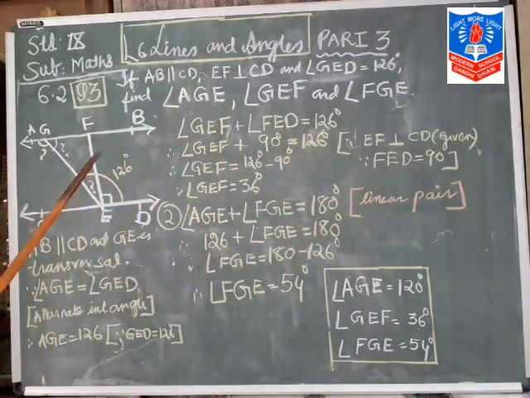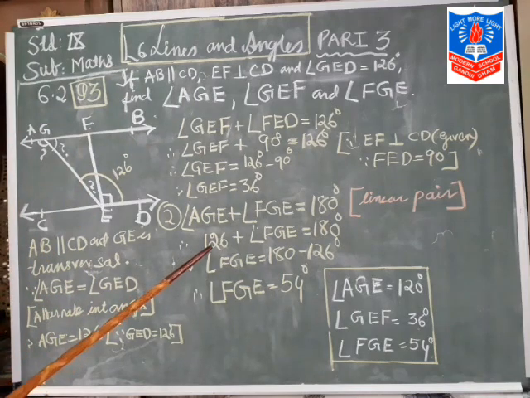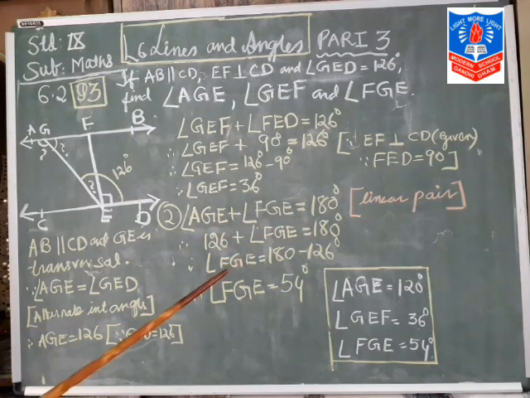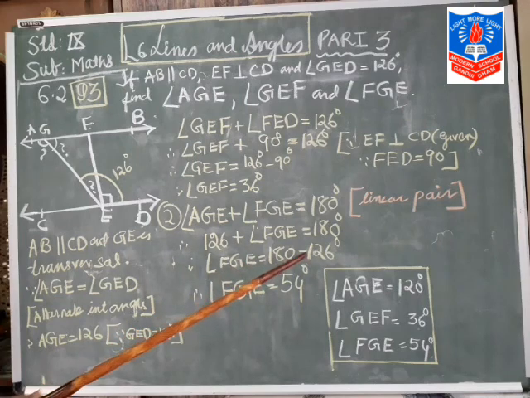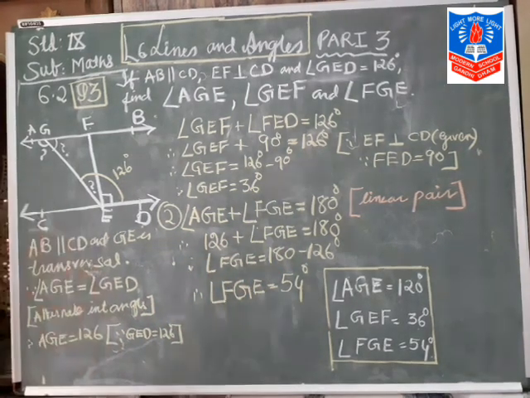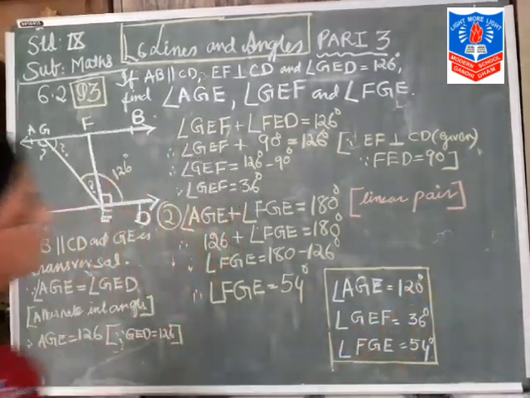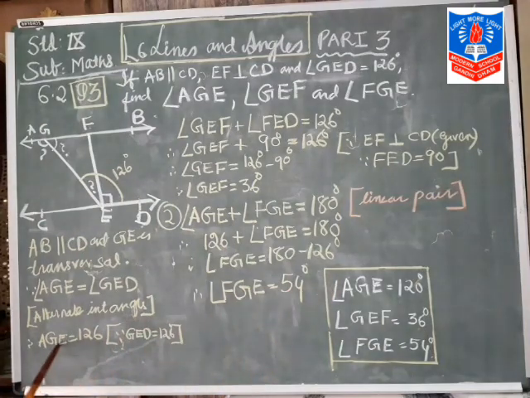AGE is 126, so FGE equals 180 minus 126. So FGE equals 54. So here it is given: AGE 126, GEF 36, FGE 54.